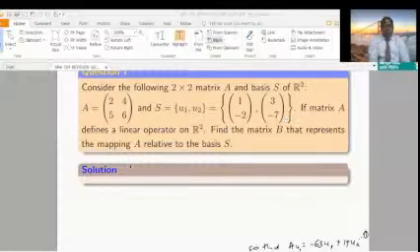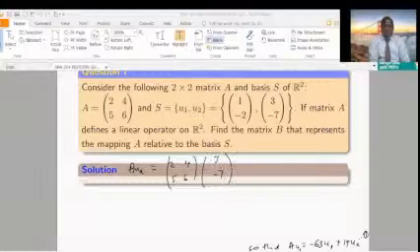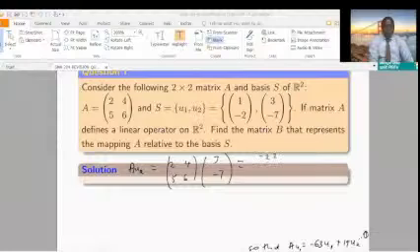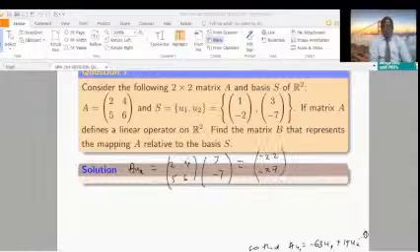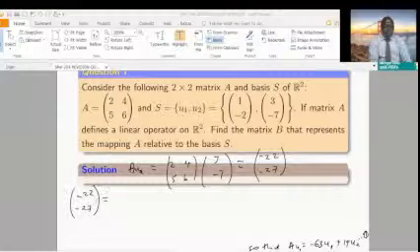Now let's find A of U2. A of U2 is the matrix 2, 4, 5, 6 multiplied by U2, which is 3, negative 7. And this gives me negative 22, negative 27. Just multiply. Now, negative 22, negative 27 should be written as a linear combination of U1 and U2.